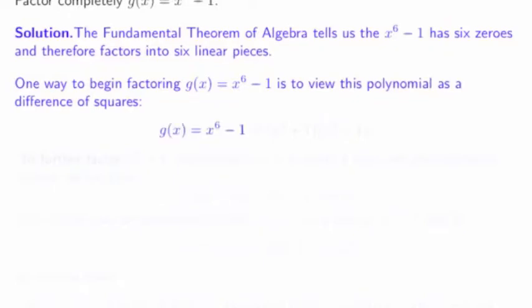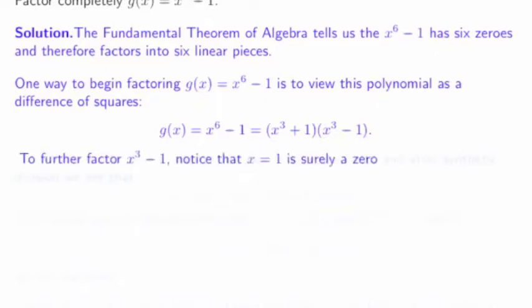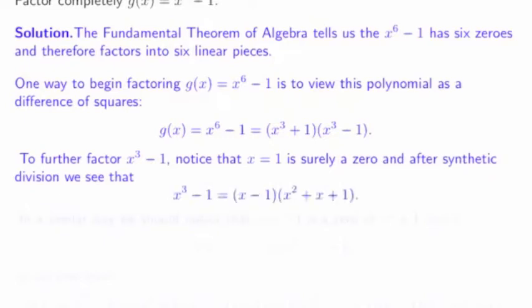Think of x to the 6 minus 1 as x cubed plus 1 times x cubed minus 1, recognizing that x to the 6 is x cubed squared. Then to further factor x cubed minus 1, notice that x equals 1 is surely a zero. And after synthetic division, we can see that x cubed minus 1 factors into x minus 1 times x squared plus x plus 1. You might do the synthetic division on your own.